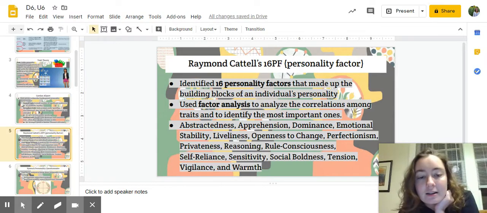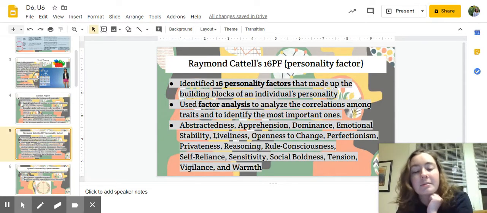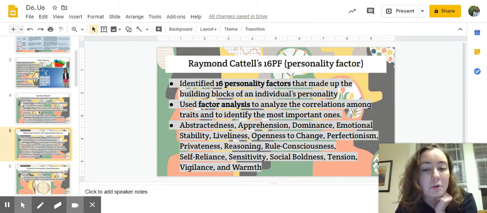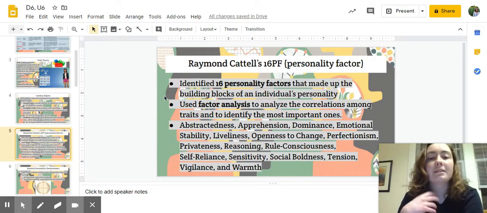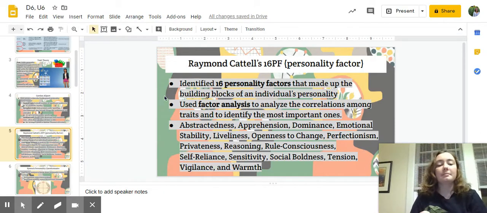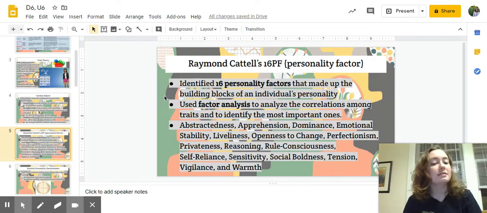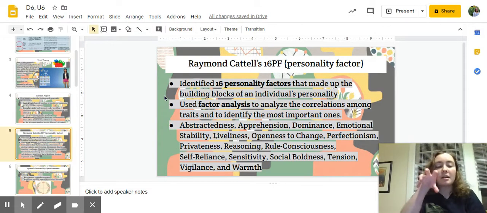And he used factor analysis. So I'm going to bring up this term again multiple times. This factor analysis, this was the term that we talked about in the intelligence unit, and they used that for intelligence tests to see how you performed on different parts of an IQ test or an intelligence test. So they're going to look for things that cluster. So like, okay, this person did well on the math portion of their ACT.